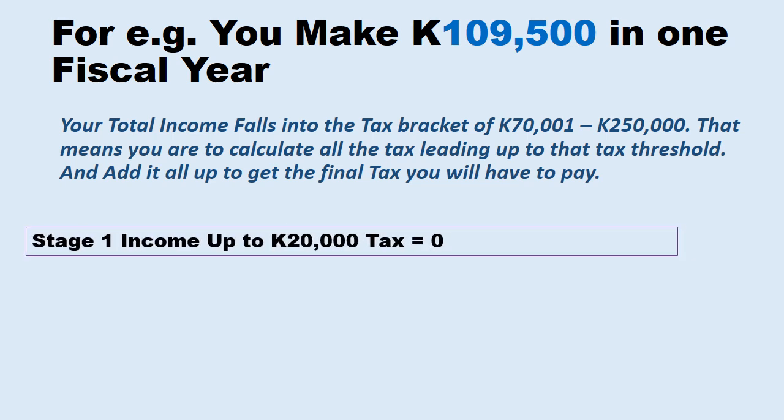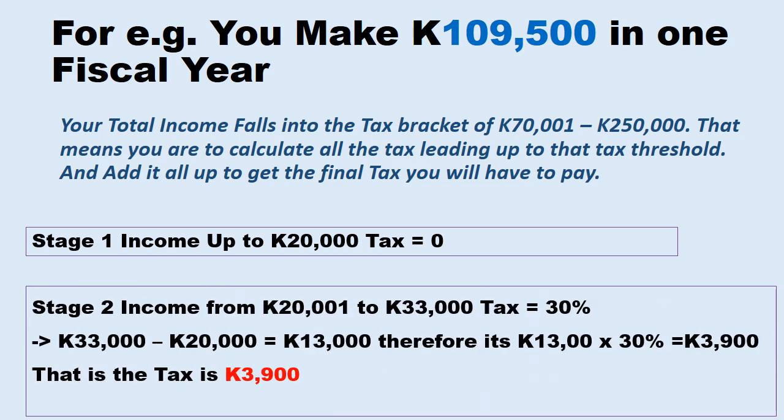Stage one is 0% tax. Remember, these tax rates are constants, as you will see. Stage two is 3,900, and that's a constant. Since our income falls at stage four, that's where it will come into play.